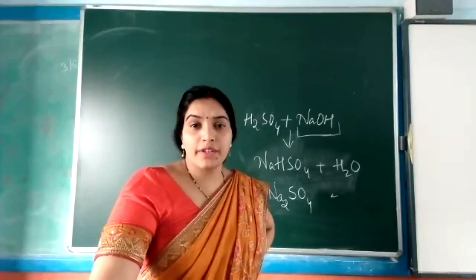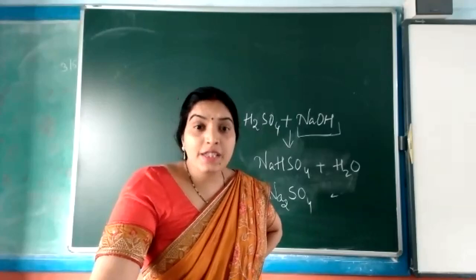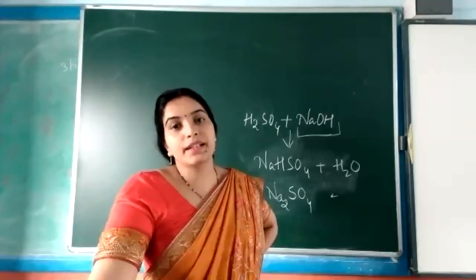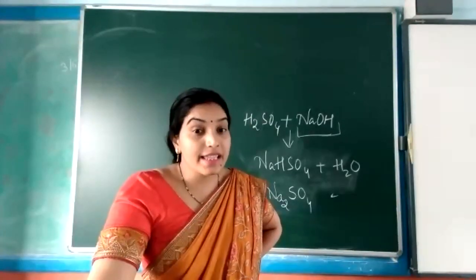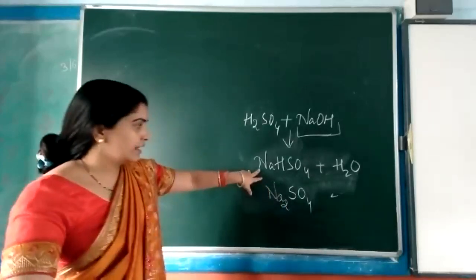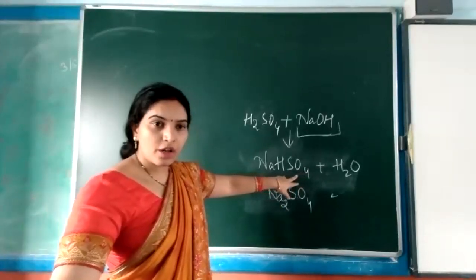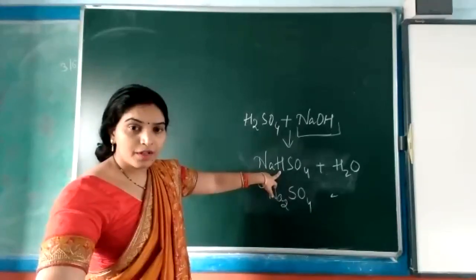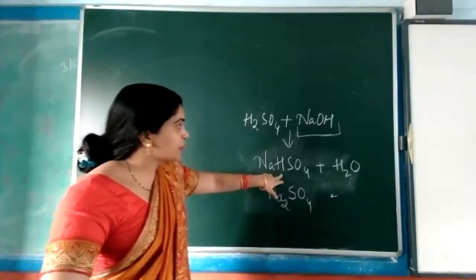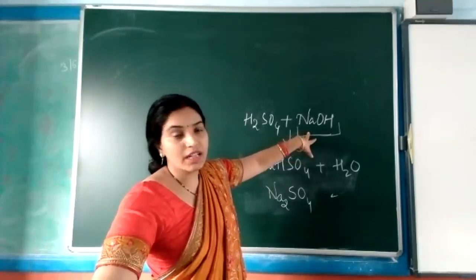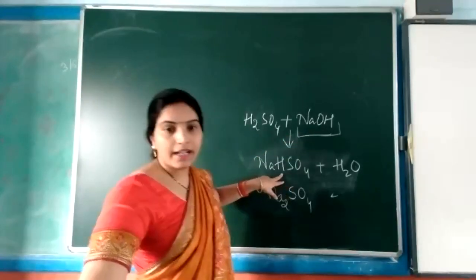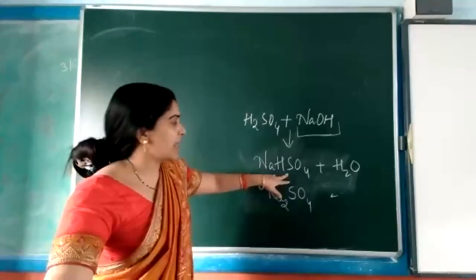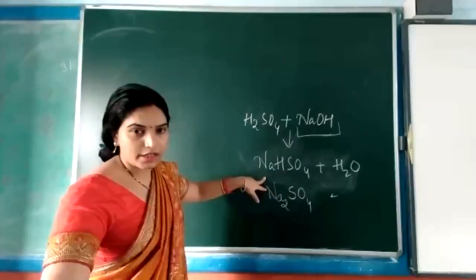One more point of difference: acidic salt contains replaceable hydrogen in it. See here, NaHSO4 is an acidic salt. It contains a hydrogen atom. So definitely when it comes in contact with a sufficient amount of base, it replaces the hydrogen ion from the given salt.